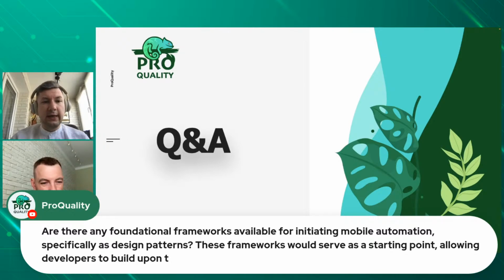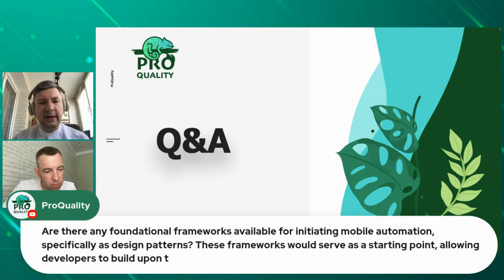So, yeah, thanks for the question. What I can say is there are no specific standards for automation of mobile web like we have for native applications. For native, Appium has become a standard. But for mobile web, you can use any framework which allows you to operate with mobile web, with a browser.